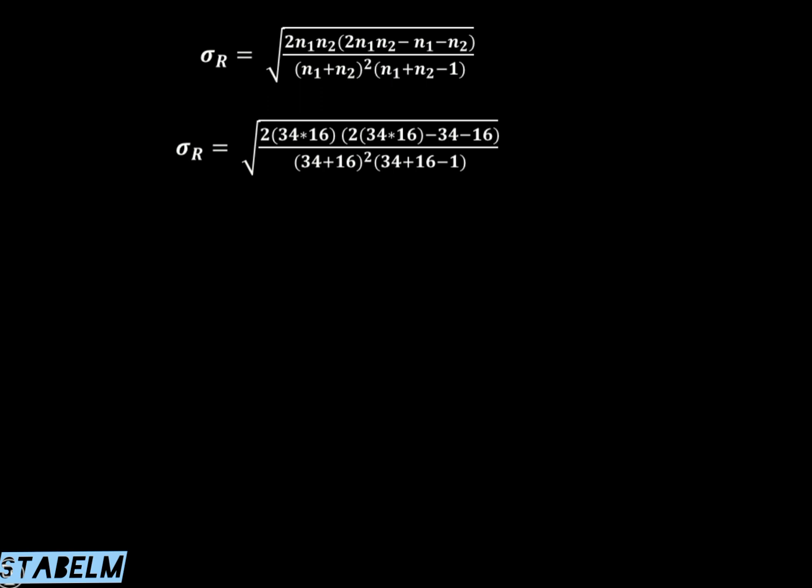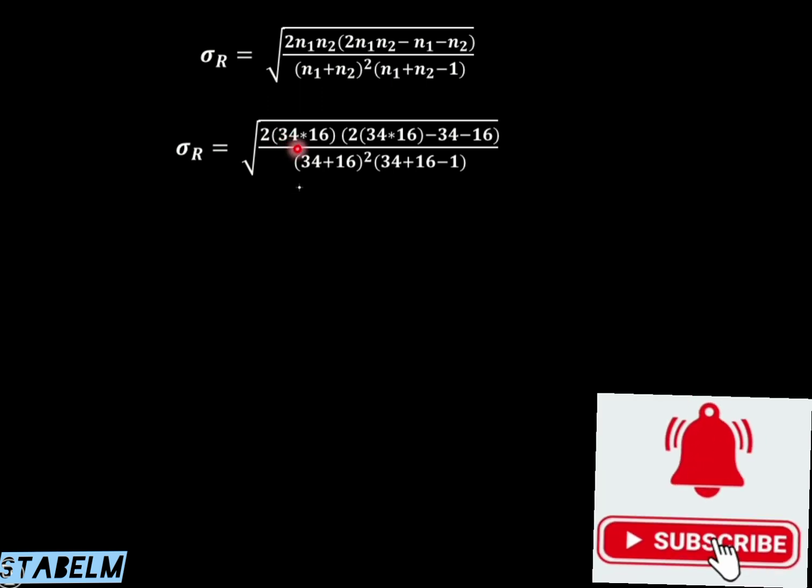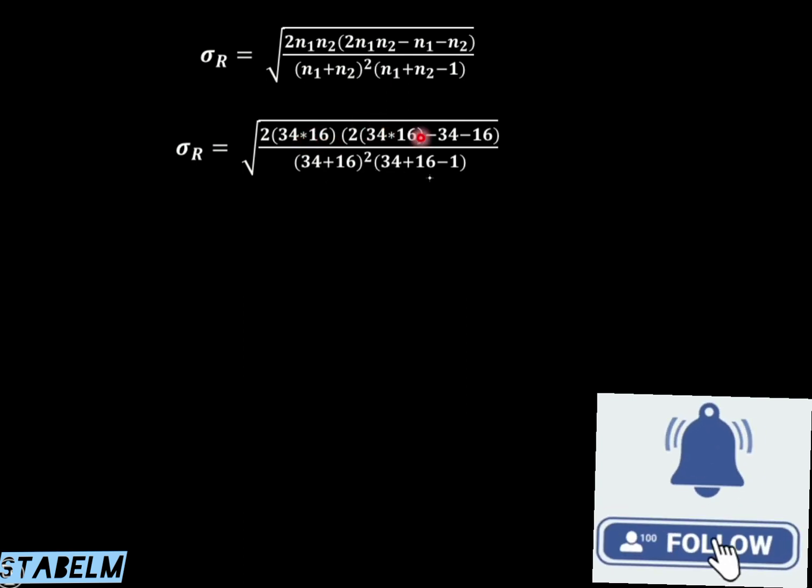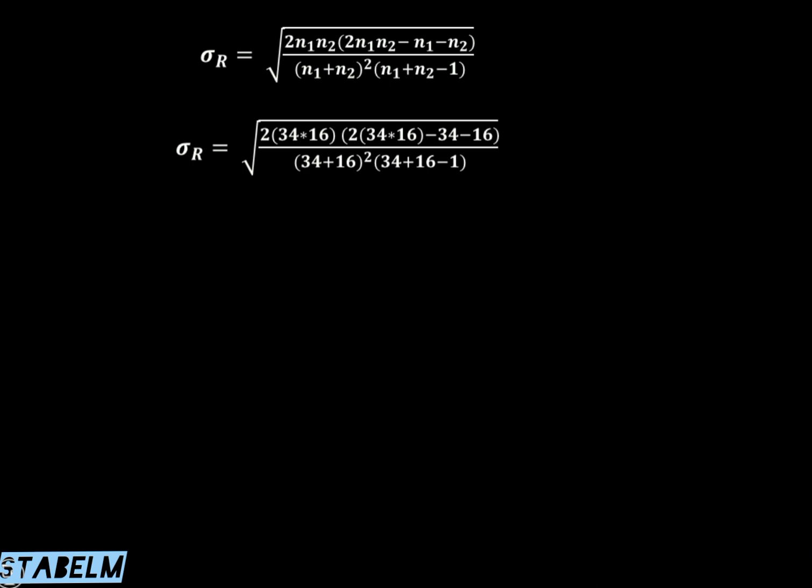So what do we do now? If we multiply 2 times 34 multiplied by 16, we are going to multiply the whole of this. We are going to subtract and simplify. Definitely we are going to have the square root of 1088 multiplied by 1038 divided by 50 squared multiplied by 49, and that will give us 1129344 divided by 122500.